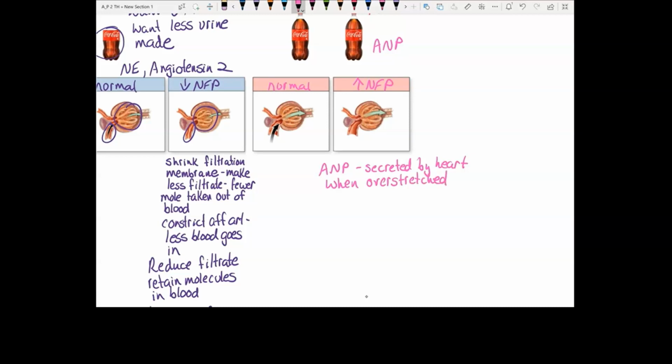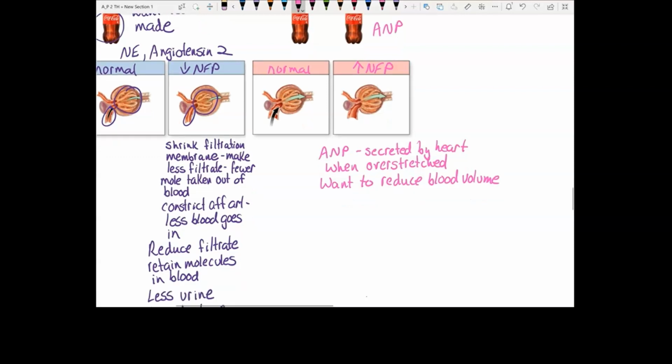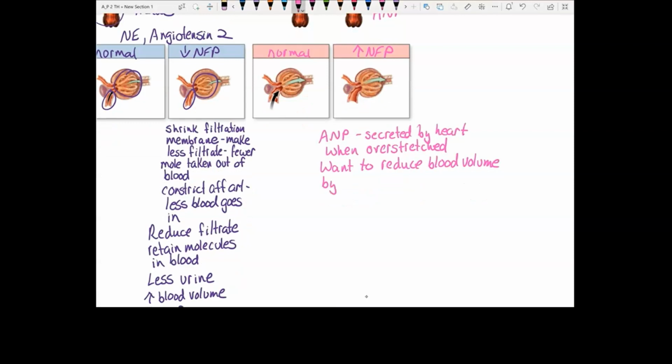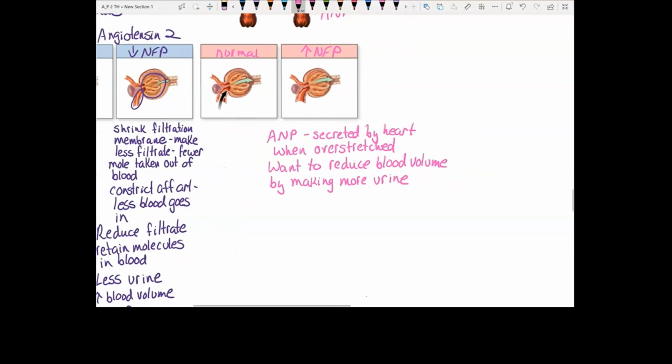So your goal here is to reduce blood volume. Well, the way you reduce blood volume is to make more urine. The more urine you have, the more stuff you're taking out of your blood. So when you have ANP, you want your kidney to make more urine than normal.